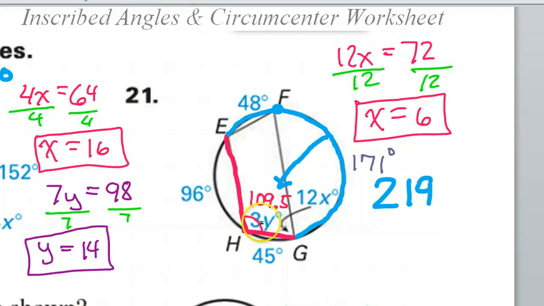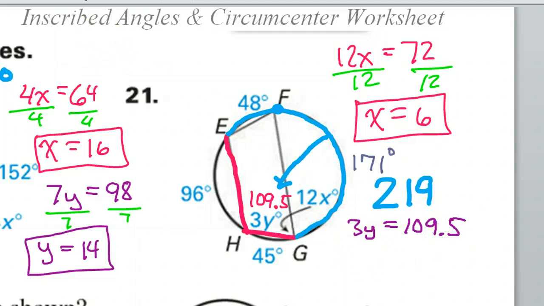But now I've got this tiny little equation happening. The 3y is in the same position as this 109.5. These are equal to each other. They both represent the same angle. So I should make this little equation that 3y should equal 109.5.